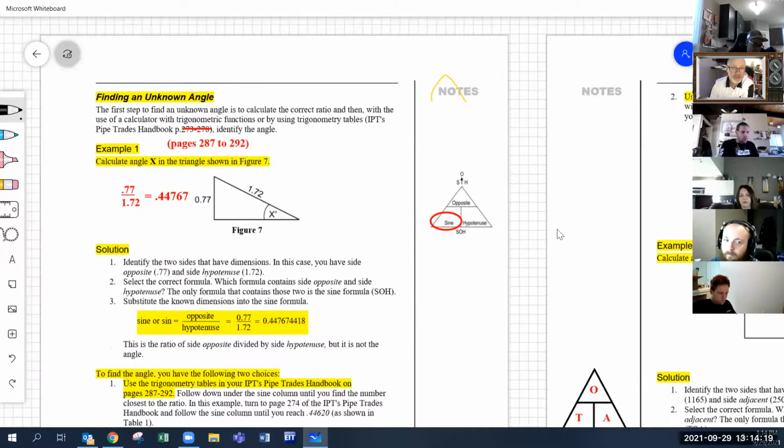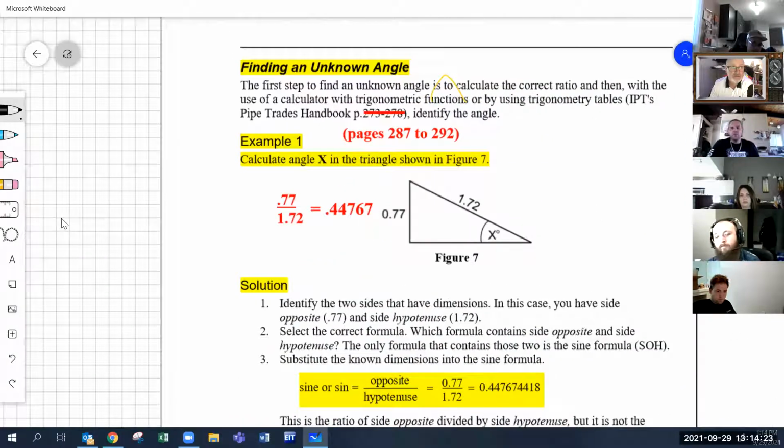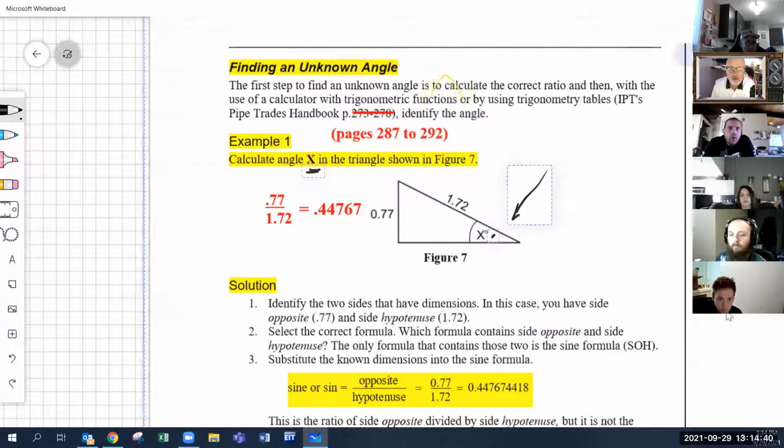So let's have a look at this. It says in this picture here, we wanted to calculate the angle X. And so we need to figure out which formula we're going to use.